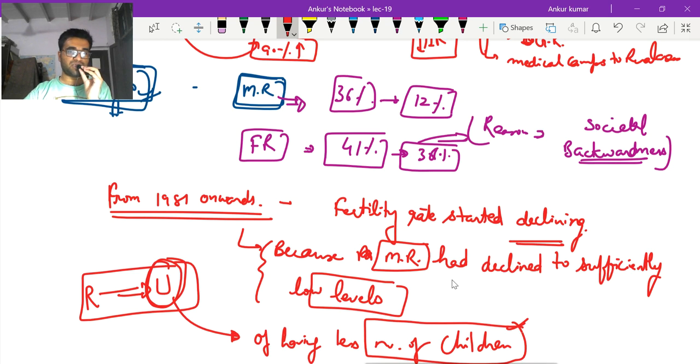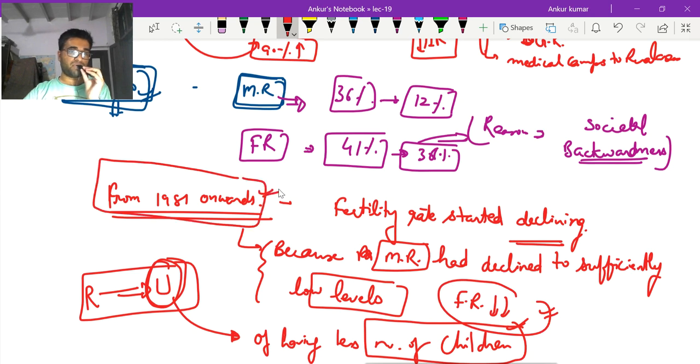This increased the aspirational levels. So this again triggered an attitudinal change of having a low number of children. So again we can say that the fertility rate reduced.